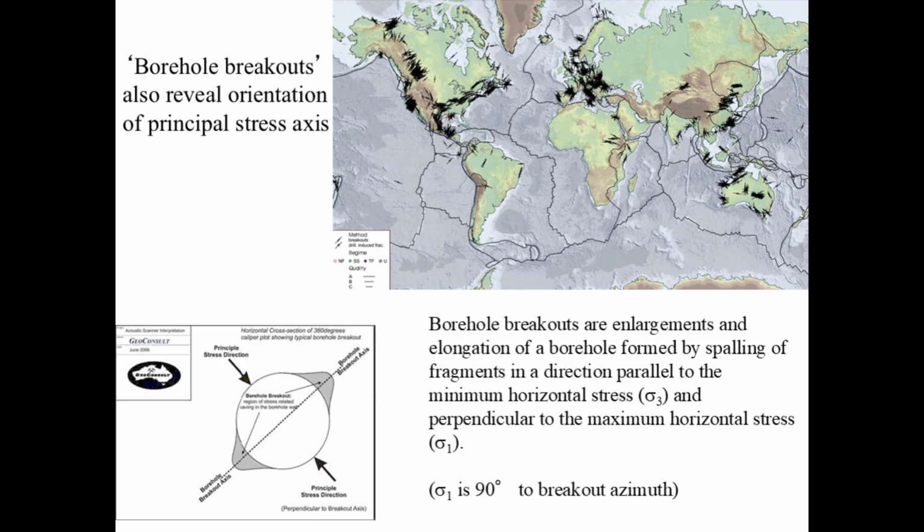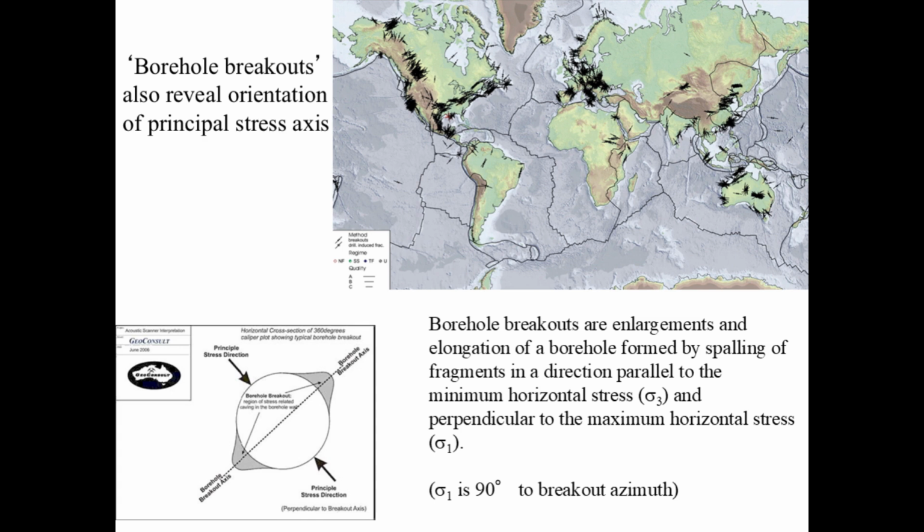All right, now there's a thing in the oil industry called borehole breakouts. These reveal the orientation of the principal stress axis, right? So borehole breakouts are enlargements and elongation of a borehole formed by spalling of fragments in a direction parallel to the minimum horizontal stress, right?